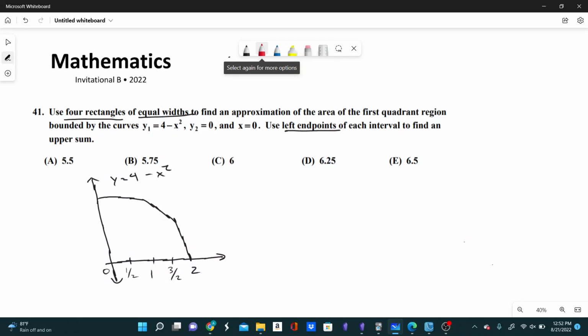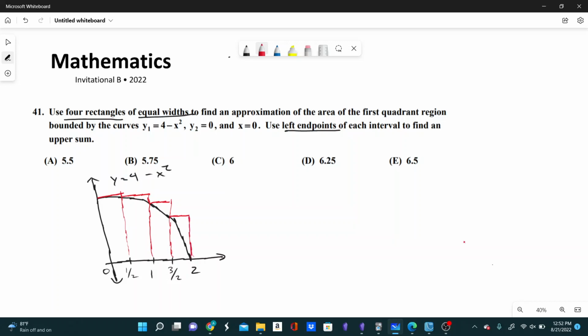For this rectangle, using the left endpoint, it'll look like this. For this rectangle, it'll look like this. What it means by the left endpoint is that for your rectangle, the left corner will be the part touching the graph. And then for 3/2, it'll look like this. And then for 2, it'll look like this.